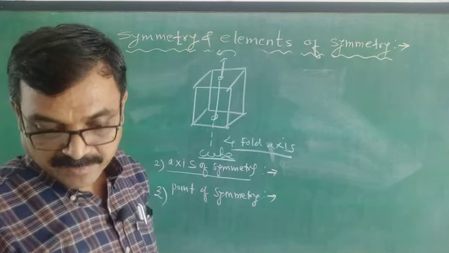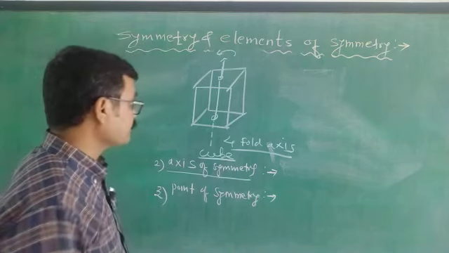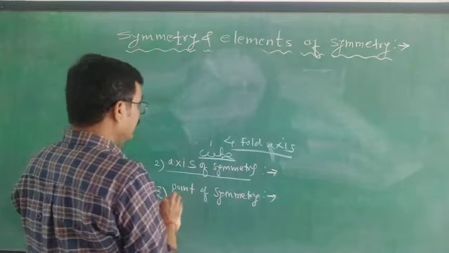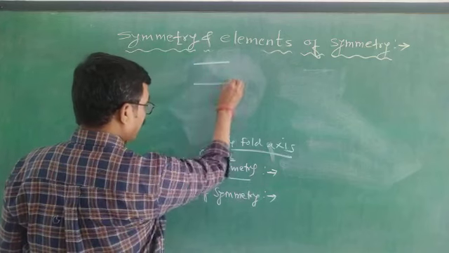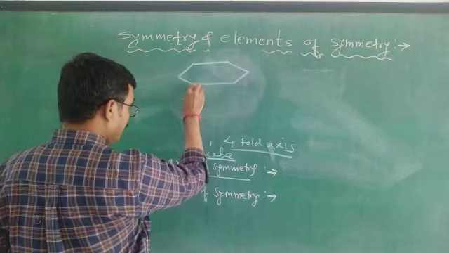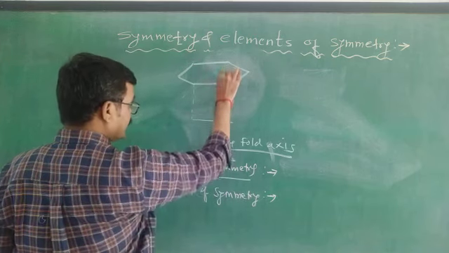Now suppose we have a hexagon, instead of this we take a hexagon in this way. This is a hexagon, just like a benzene ring, upper face, this is lower face.